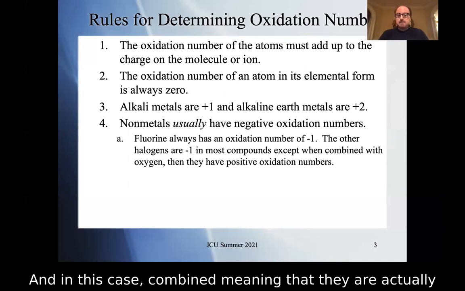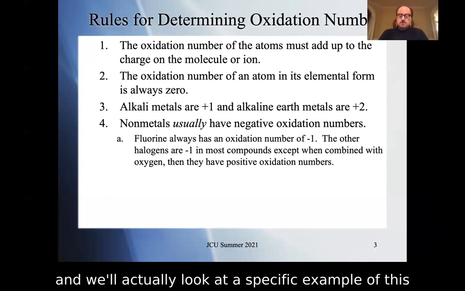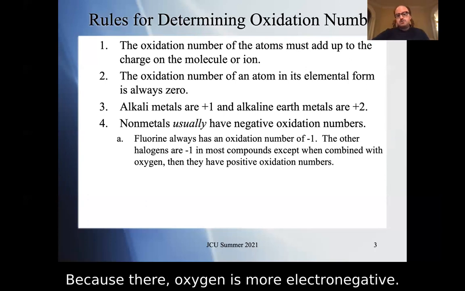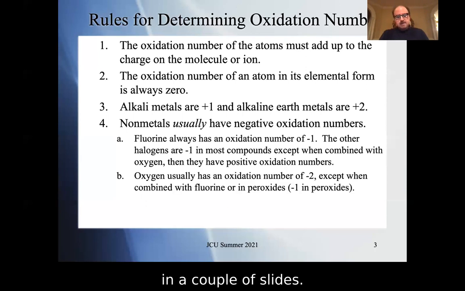And in this case, combined meaning that they are actually bonded directly to oxygen. In that case, and we'll look at a specific example of this in a couple of slides, they actually have positive oxidation states because there, oxygen is more electronegative. Again, we'll come back to that and look at an example in a couple of slides.